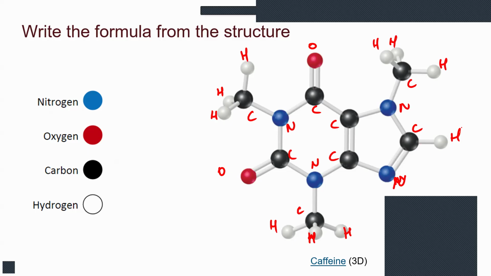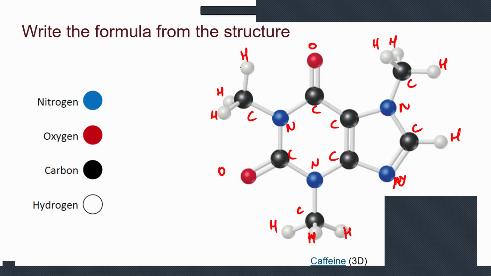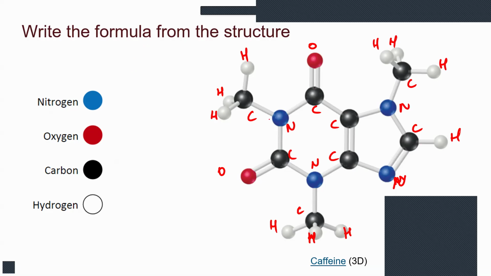Now, let me ask you this. Let's go ahead and put together the formula for this structure. What I always like to do is think, okay, what do I have? I've got carbon, hydrogen, nitrogen, and oxygen. I'm going to count off the oxygens first: 1, 2. Nitrogens: 1, 2, 3, 4.